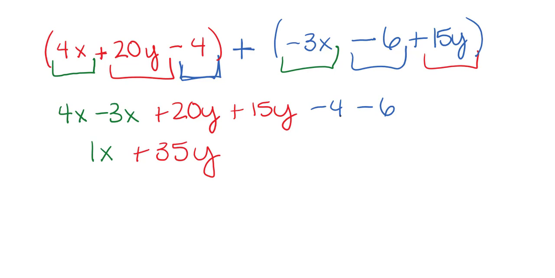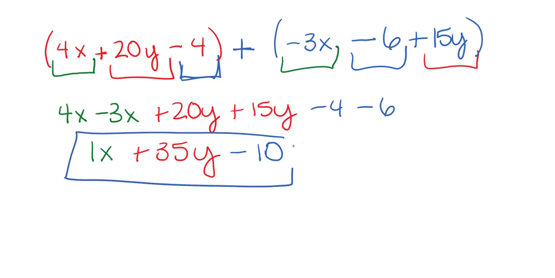Then we have negative 4 minus 6. Really we're just adding two negative numbers, so that would be minus 10. We could just say they're both positive, add them, and keep the negative sign. So now we have our final answer because we can't reduce this any further.